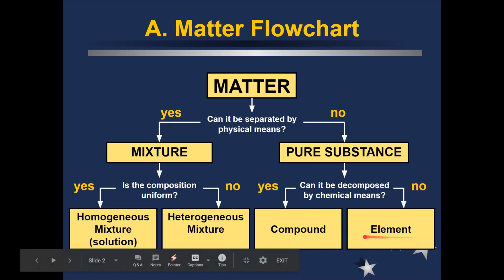Only the atom oxygen is in that tank. It's all oxygen inside of there. Nothing else is combined or mixed with it. So this is the very broad outline of what we're going to be talking about today. Up next, we're going to go into some more detail on these compounds, elements, and the different types of mixtures.